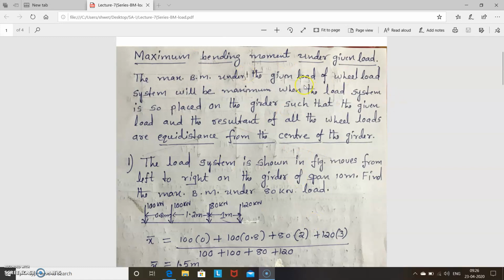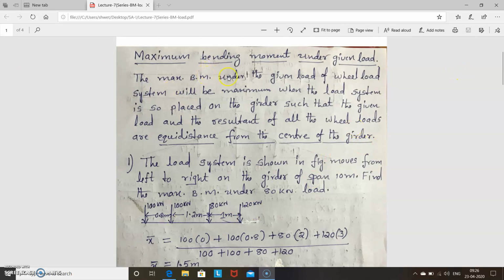For that, one statement is there: the maximum bending moment under the given load of a wheel load system will be maximum when the load system is so placed on the girder such that the given load and the resultant of all the wheel loads are equidistant from the center of the girder.